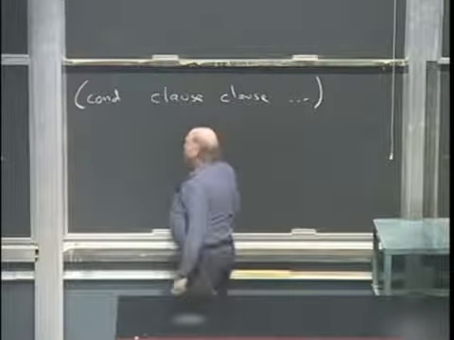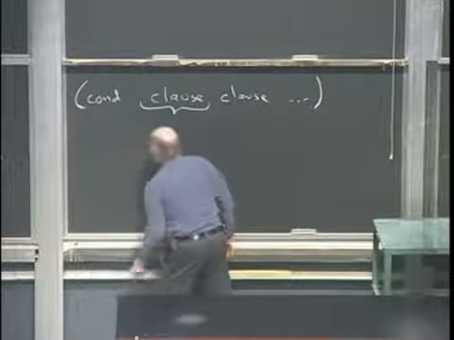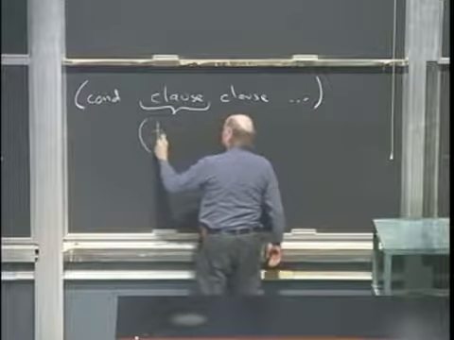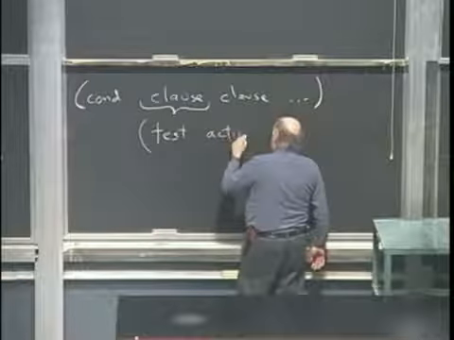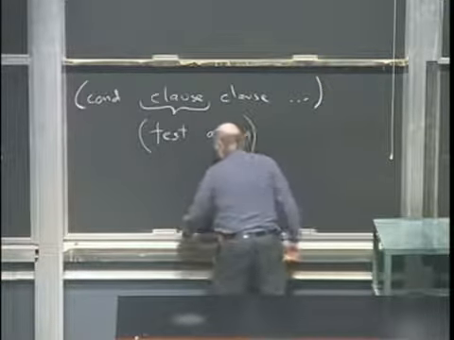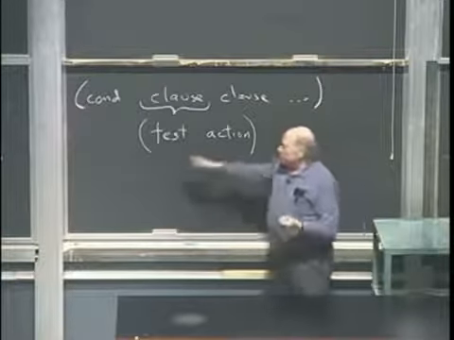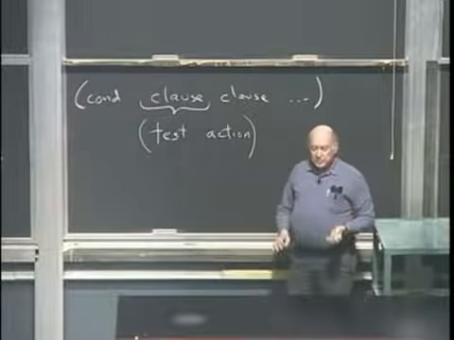Those are ordinary parentheses, but what's a clause? A clause is parenthesis, a test, and an action. These green parentheses do not mean call the procedure test with the argument action. These are the ones that are special.